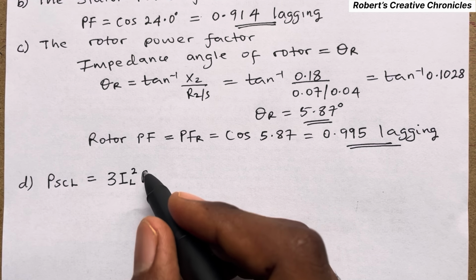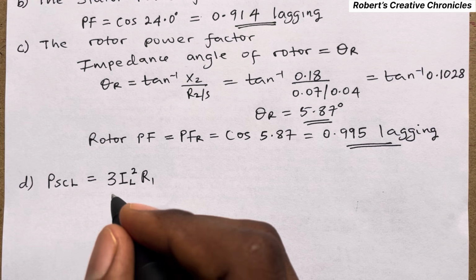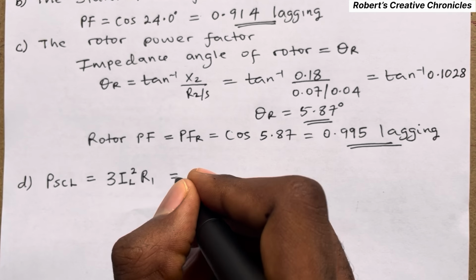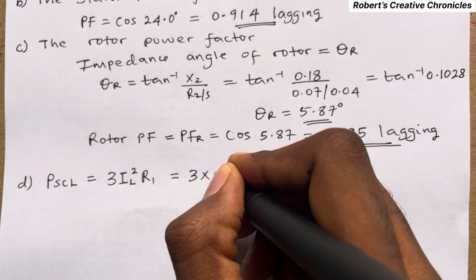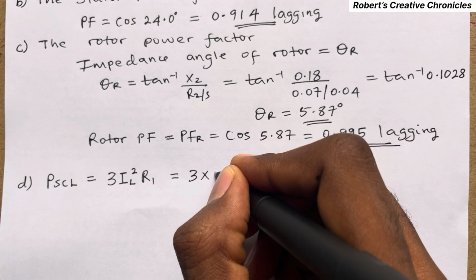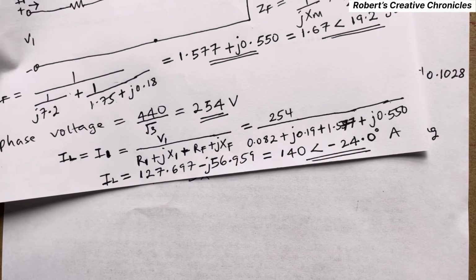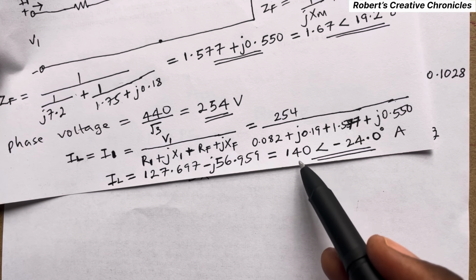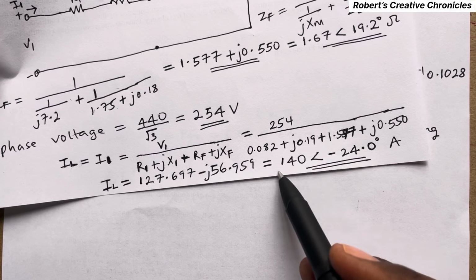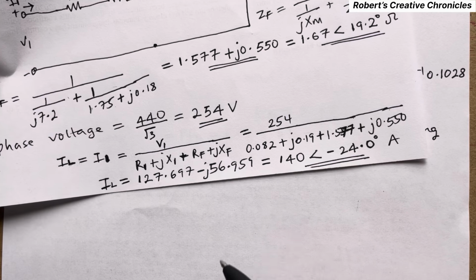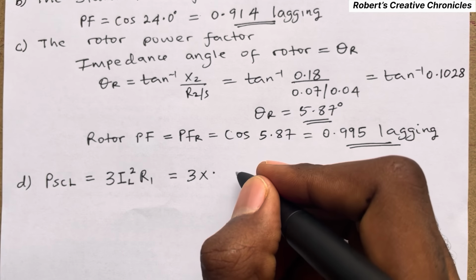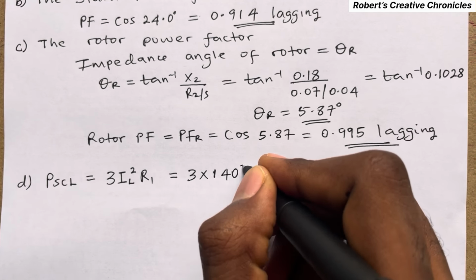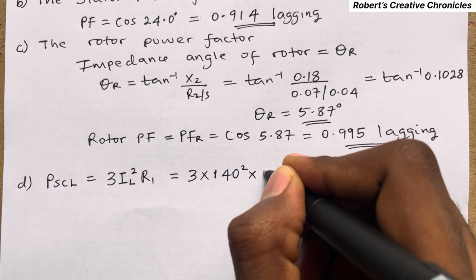So it is equal to 3 times, what is the line current? This is 140. We will not put the angle here, only the magnitude, which is 140, times R1.